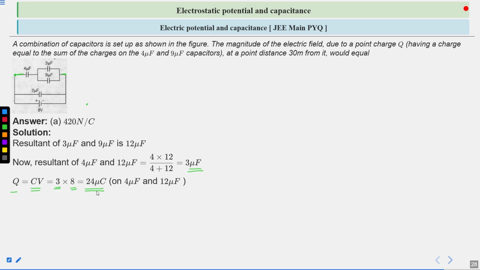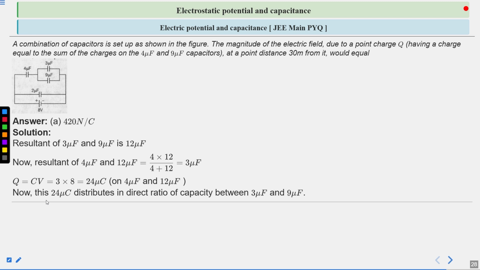Since charge remains the same in series, 24 microcoulomb will be on the 4 microfarad capacitor, and this 24 microcoulomb will be on the combination of these two capacitors. Now this 24 microcoulomb distributes in direct ratio of capacity between the 3 microfarad and 9 microfarad capacitors, since they are in parallel.